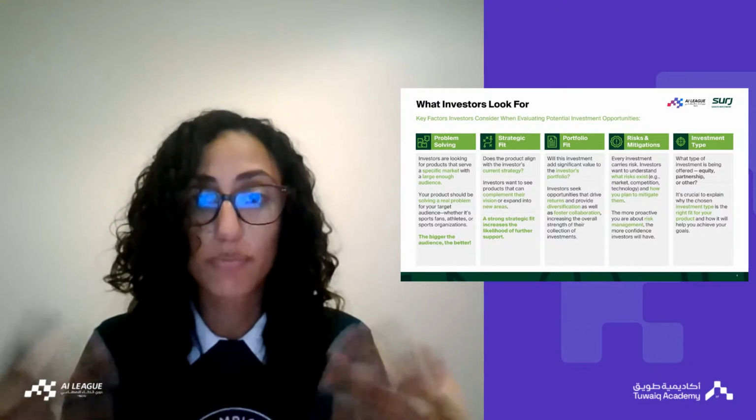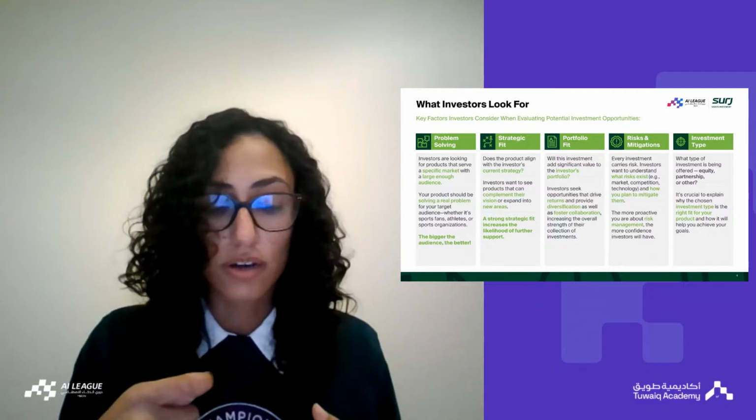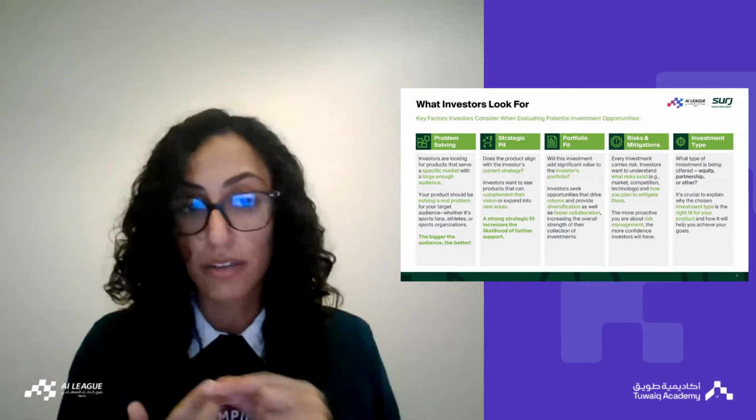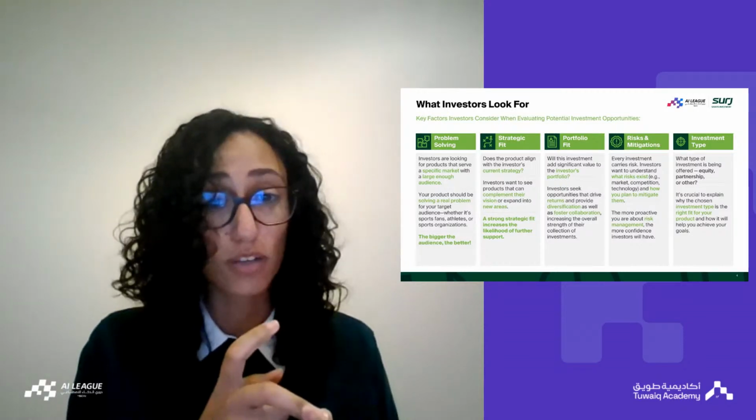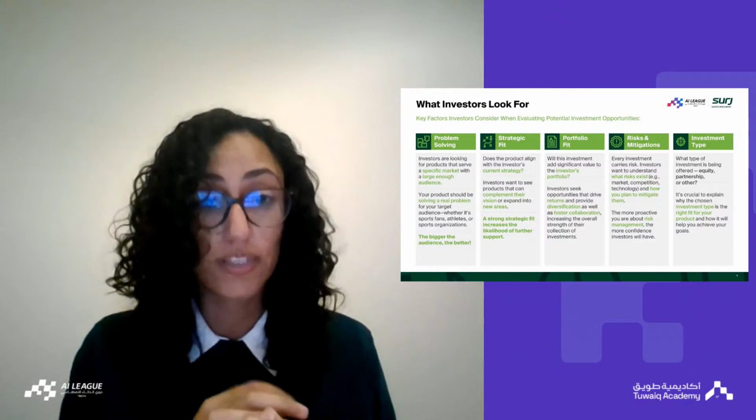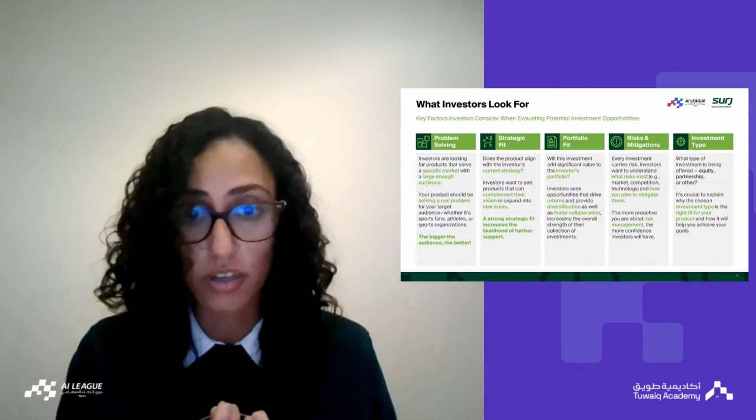So it's really important to understand the investor's portfolio, who they have in it, and if they're willing to diversify their portfolio or not. Are you going to be unique in their portfolio, and is that something they actually want, or do they want you to fit into a larger value chain across the board?